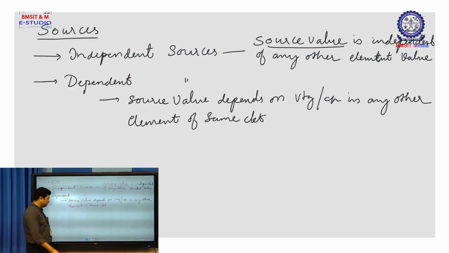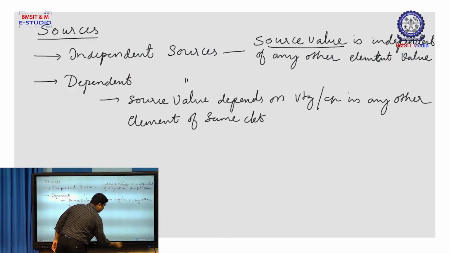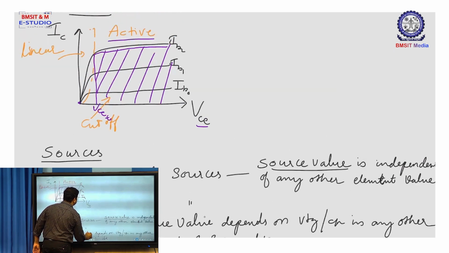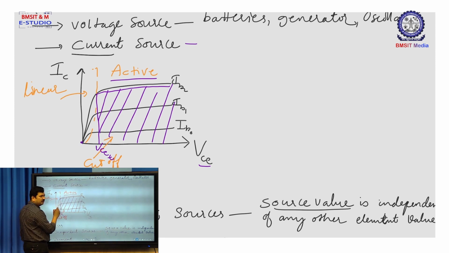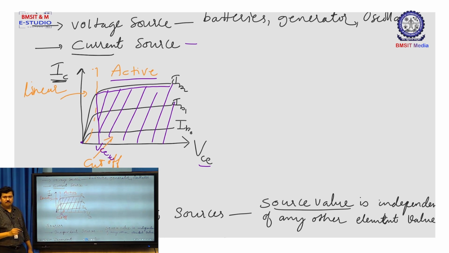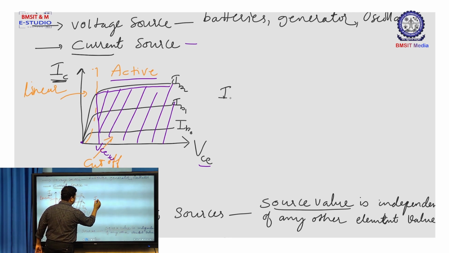Now, just now I told you I can visualize the transistor as a current source in its active region, but is the value of the output current IC independent of any other value? No. This IC, the amplified current IC, is always depending upon beta IB.